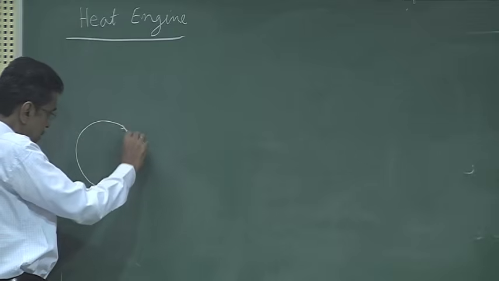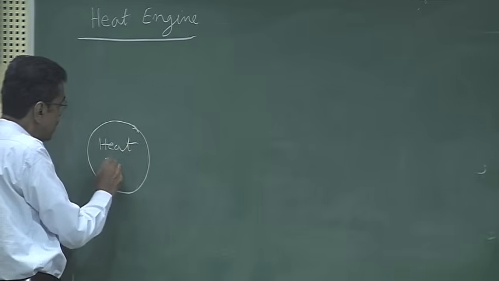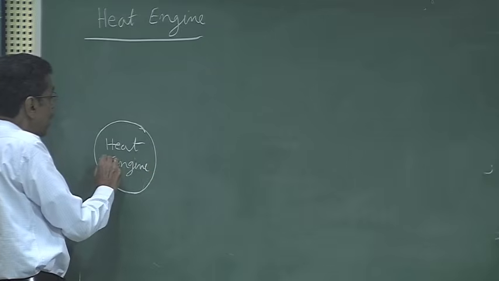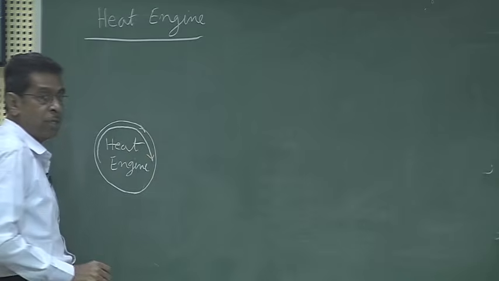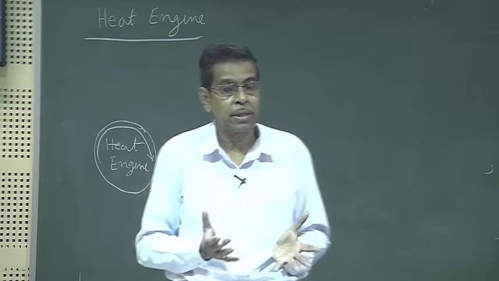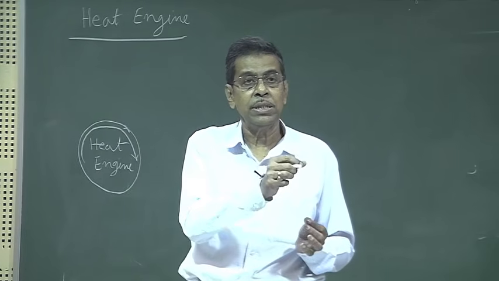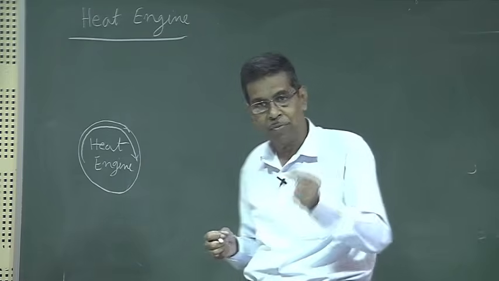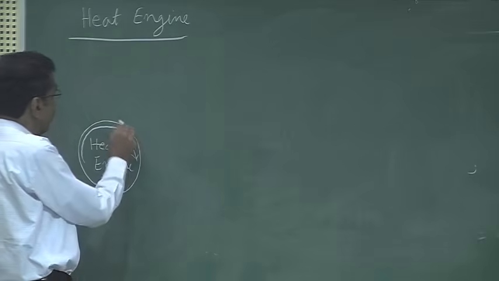It is a device, let us write this, heat engine, afterwards I will use HE only, where a working system operates on a thermodynamic cycle. You know what a thermodynamic cycle is? A thermodynamic cycle consists of a number of processes executed by a system such that the system comes back to its initial state. After the last process, the final state and initial state become the same.